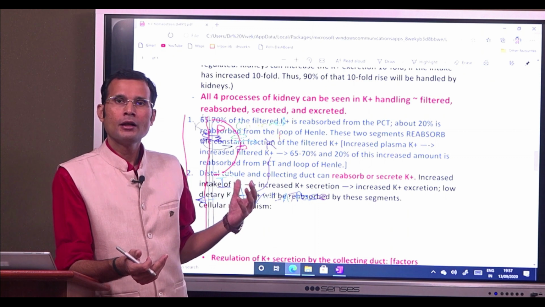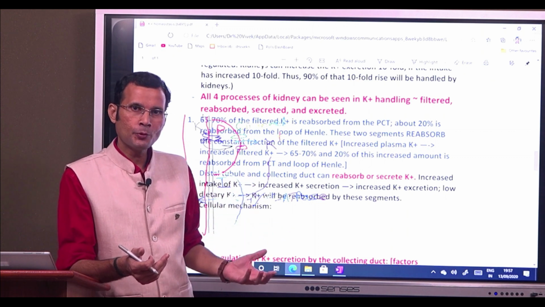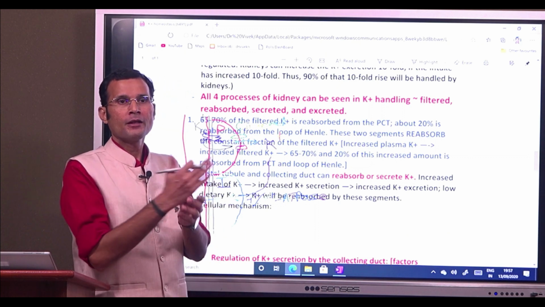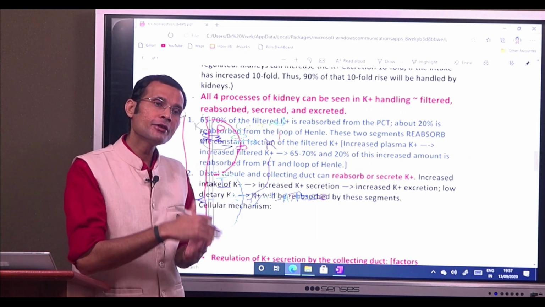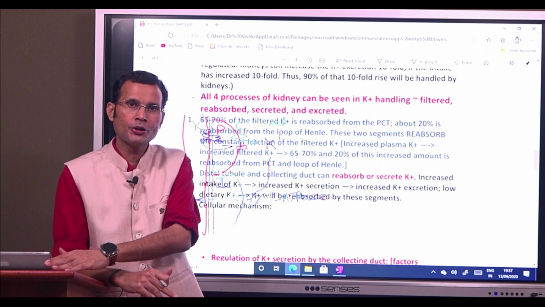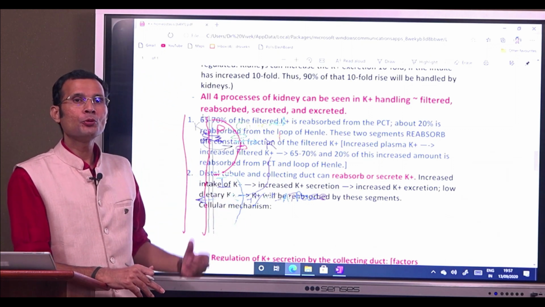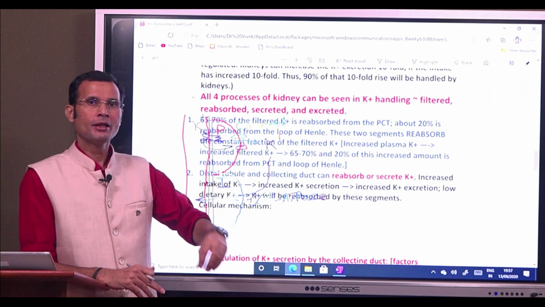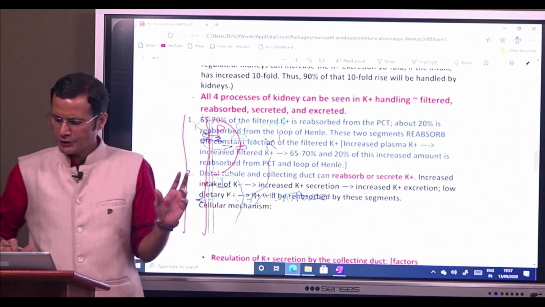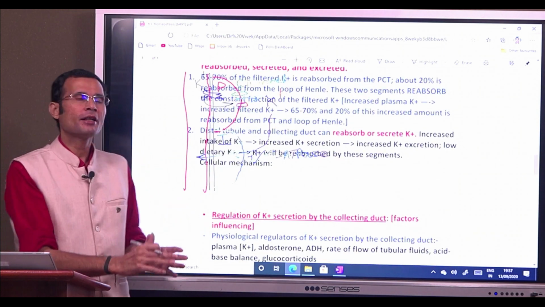If there is a hypokalemia, less potassium, then tubules will reabsorb potassium, and if there is a hyperkalemia, potassium needs to be eliminated out of the body, then tubules will secrete potassium and it will be eliminated out. So that's why kidney's role is very, very critical in this.